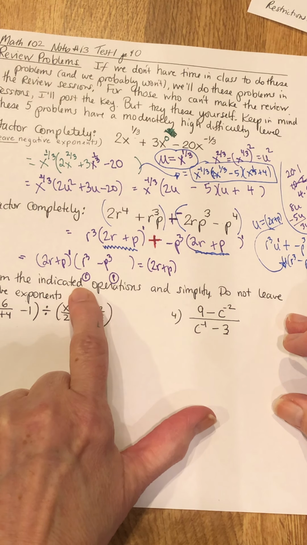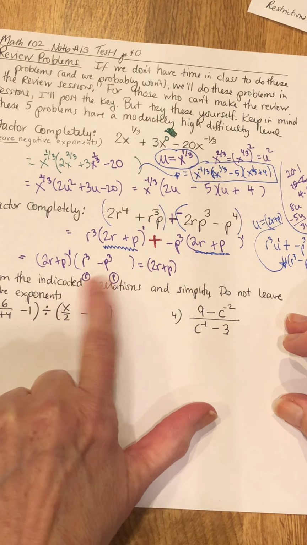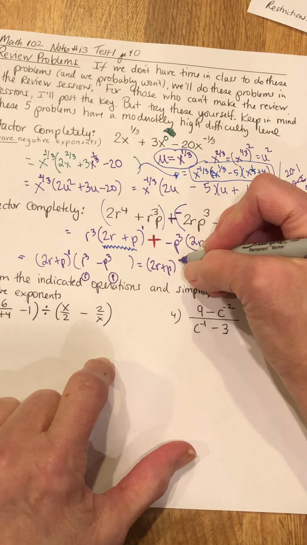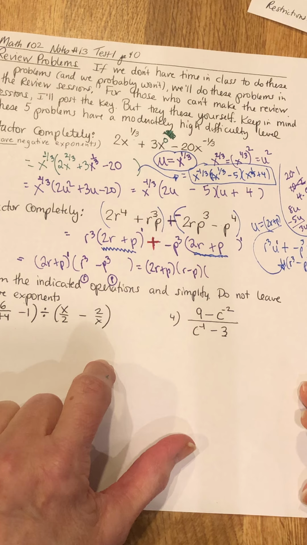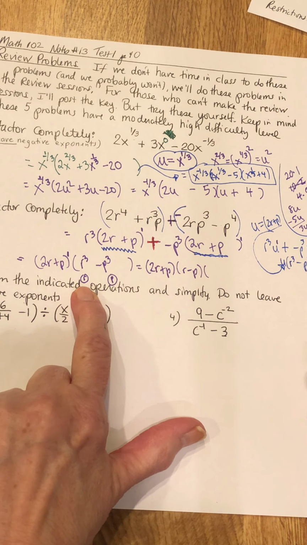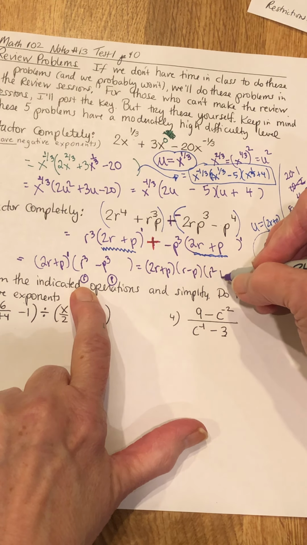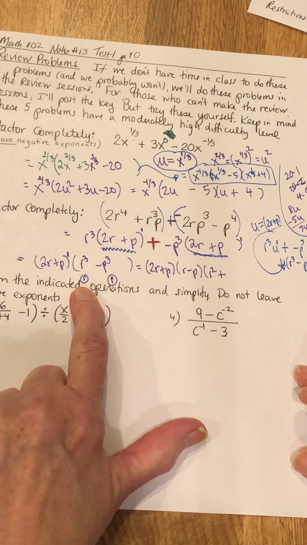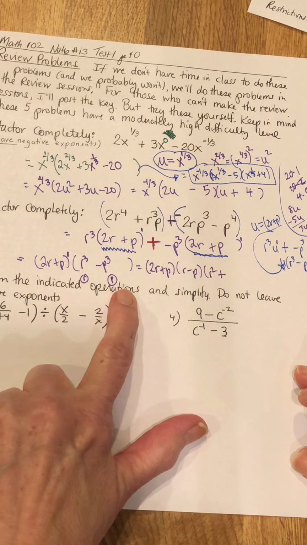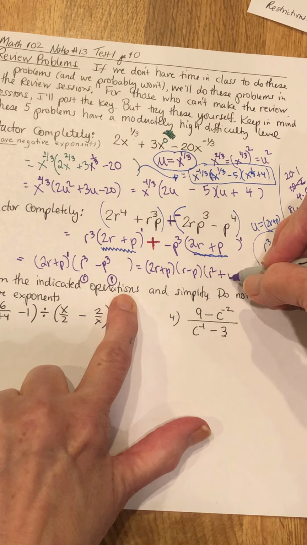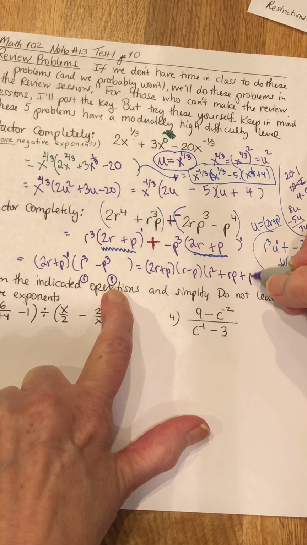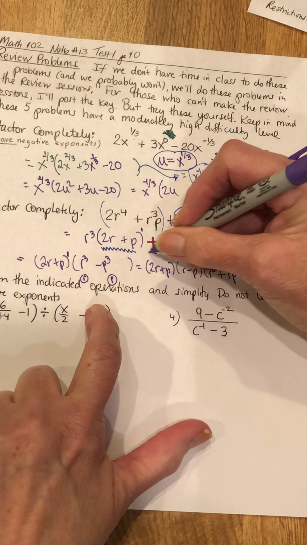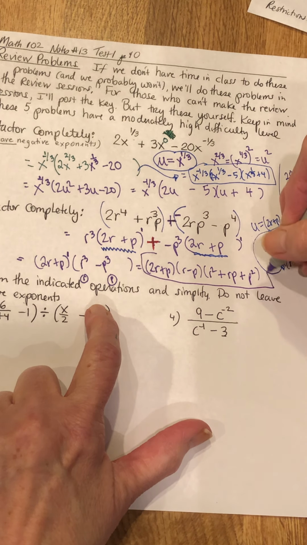The first one's short, and it's just subtract the two cube roots because that's a minus there, so it's r minus p, times, the back factor's long: square the first cube root, r squared. It'll be plus because there's only one minus sign in the answer. Multiply the two cube roots together, don't double, so that's just rp, plus square the second cube root, which would be p squared. And that is factored form.